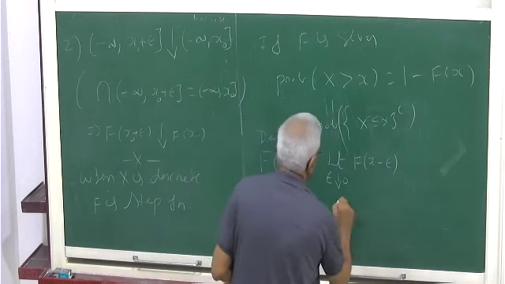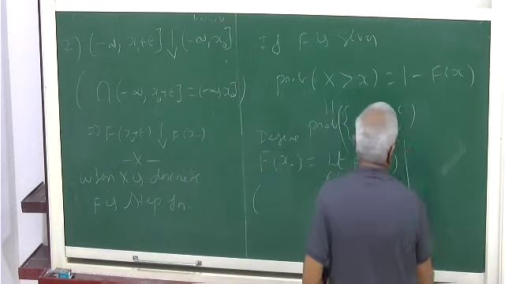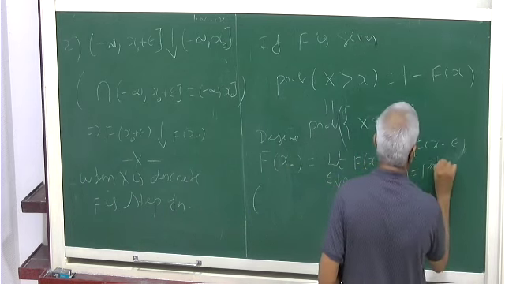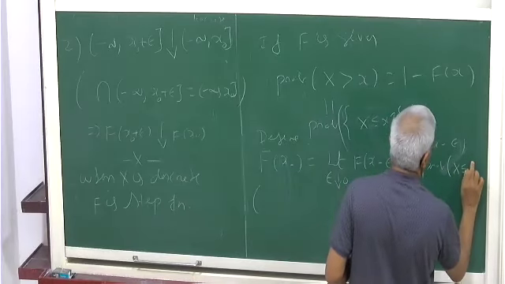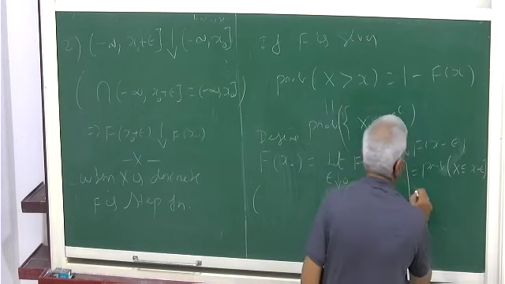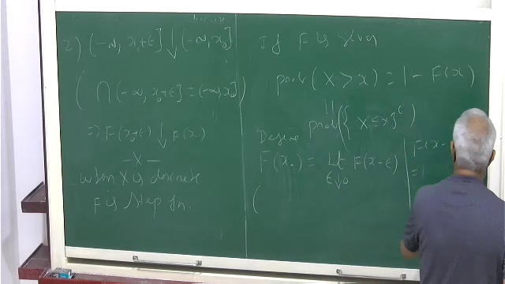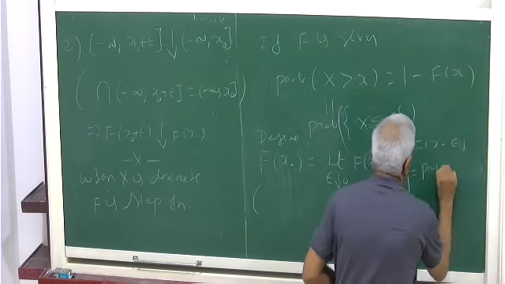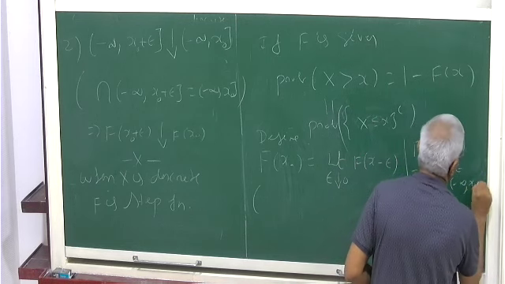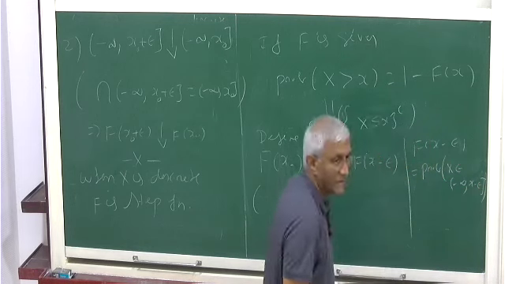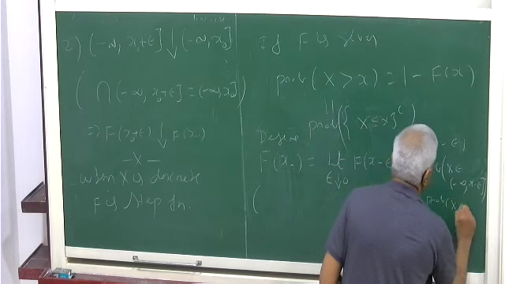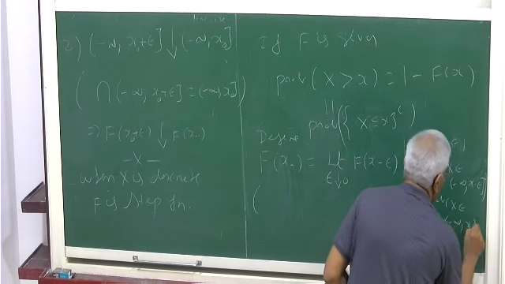F of x minus epsilon is equal to the probability of X less than or equal to x minus epsilon, which we can write as an interval: the probability of X being in the set minus infinity to x minus epsilon, which will be equal to the probability of X being in the open interval minus infinity to x.